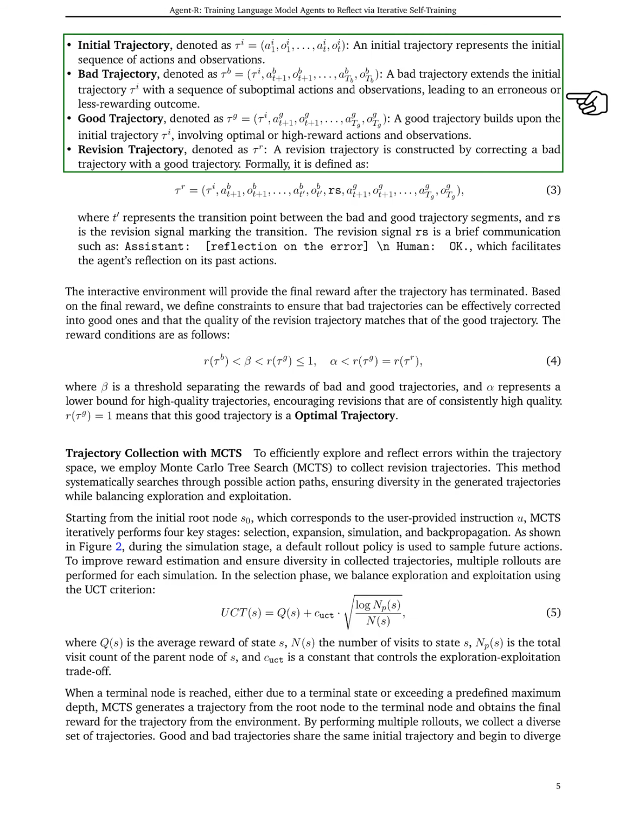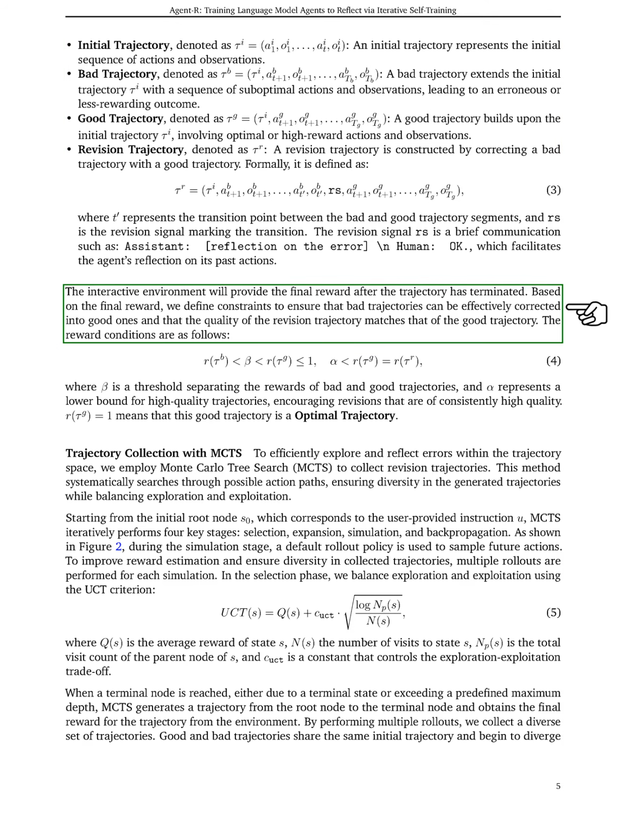We define 4 types of trajectories essential to Agent R: initial trajectory, the starting sequence of actions and observations. Bad trajectory, an extension of the initial trajectory that includes suboptimal actions, leading to poor outcomes. Good trajectory, a path that builds on the initial trajectory with optimal actions, resulting in better rewards.